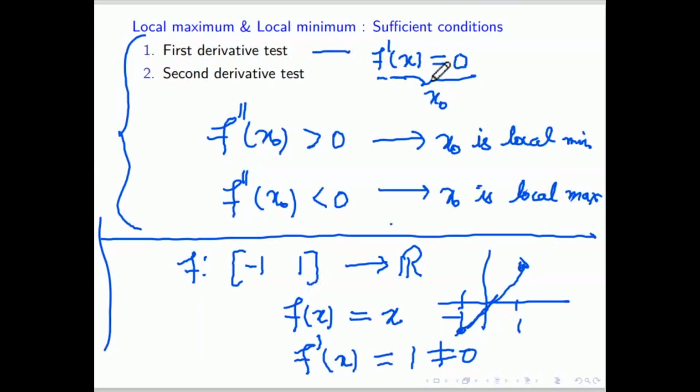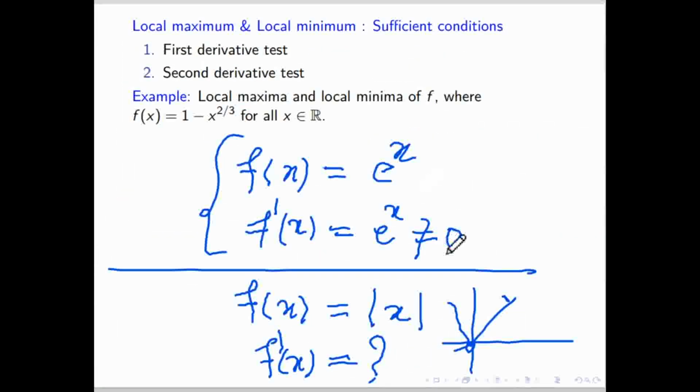So this result is saying it correctly, that there does not exist any single interior point where maxima or minima can occur. For mod x, the function is not differentiable, so we cannot say anything. Forget about interior or exterior.